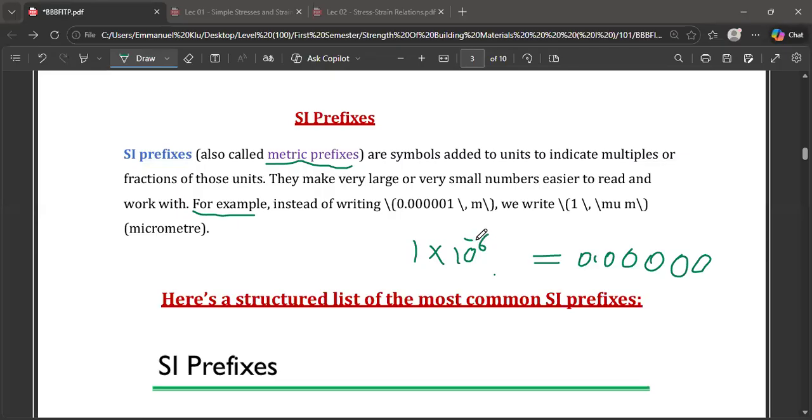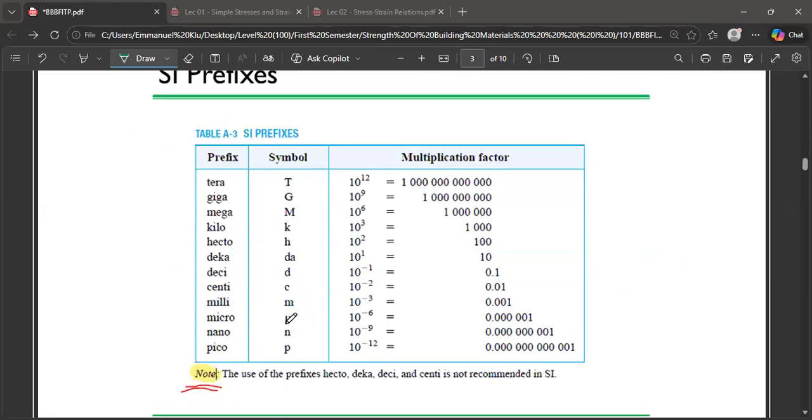But because it is a negative 6, I have to bring 6 zeros, and after the first zero, I put a point. Then I can now bring my 1. Do you understand me? And that is termed as micro, micrometer. Some people will call it the mu. I'm sure you have all seen the mu in the SI prefixes before. That is it over here.